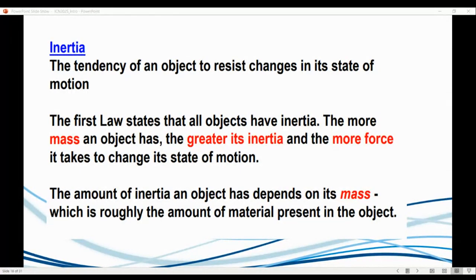So just reading off, the first law states that all objects have inertia. The more mass an object has, the greater its inertia, and the more force is required to change its state of motion. Now, this does not apply to the rotational aspect. That is something we're going to be touching on in the next 3 chapters. What you know for now is translational linear inertia, moving something in a straight line only, where the axes do not change.